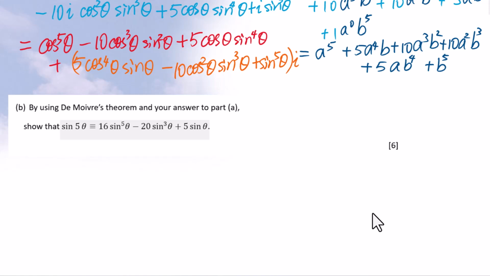Let's go to B. By using De Moivre's theorem and your answer to part A, show that sin 5θ equals this.